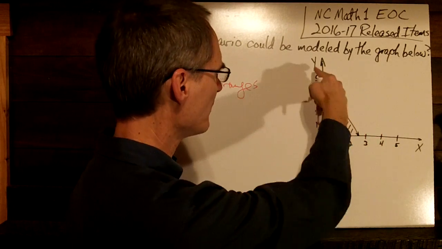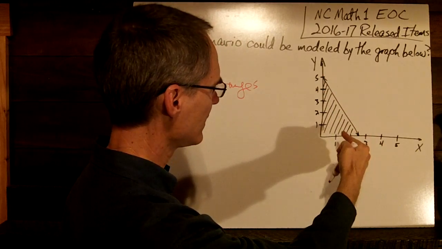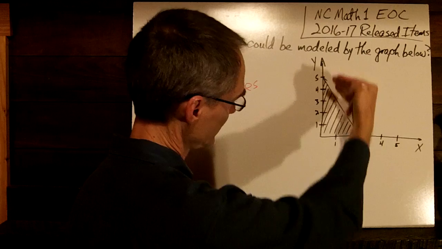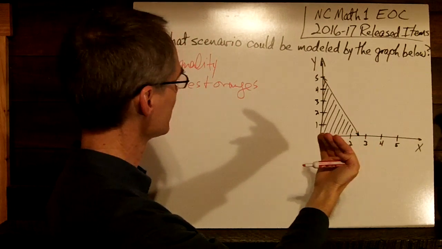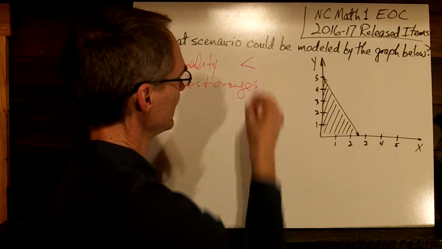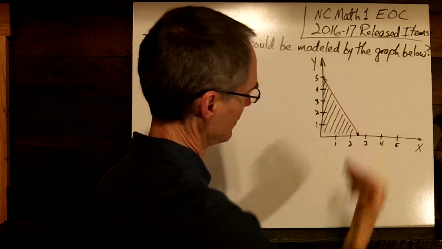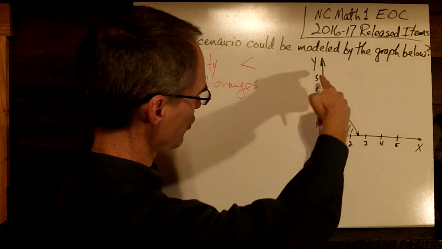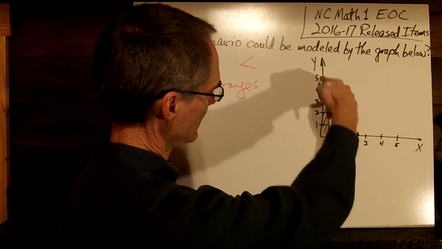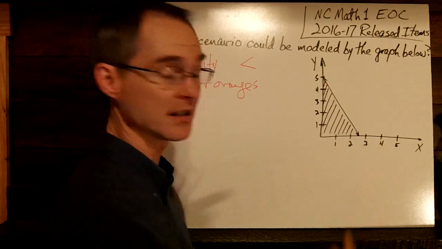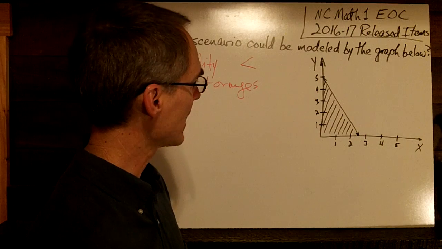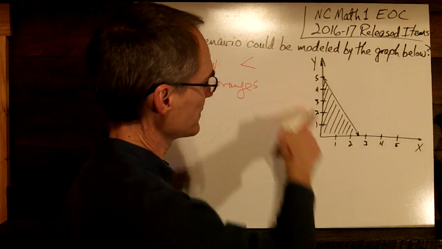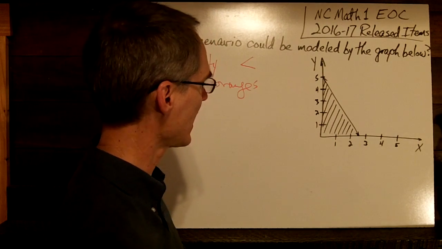I'm thinking there's going to be a less than sign involved, because all these points are below the line, so it's something less than the value of the line. If I could come up with the actual equation for that line, that might be useful. I notice it crosses the y-axis at 5 and the x-axis at 2.5.